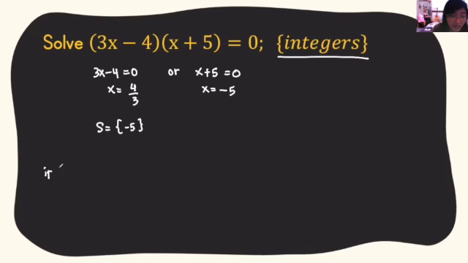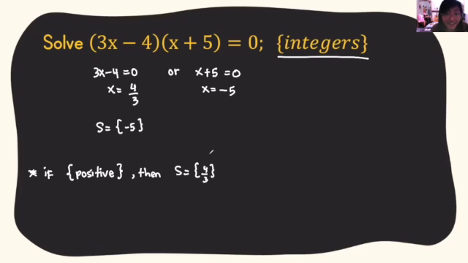So you see, just as extra, if the question gives you information that the domain is positive numbers, then of course the solution will be different. The solution will be 4 over 3.